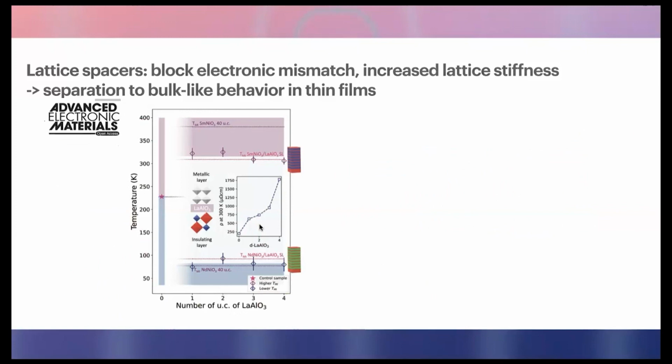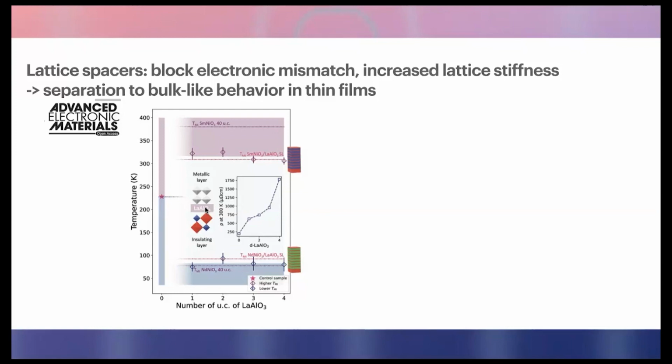And the reason that's interesting and telling is that the lanthanum aluminate is also perovskite. It can also have a structural distortion. So that can propagate. But being a band insulator, it can't have the electronic order parameter. So what that tells us is, it's really the electronic order parameter that leads to the propagation and coupling of the MIT in these materials.